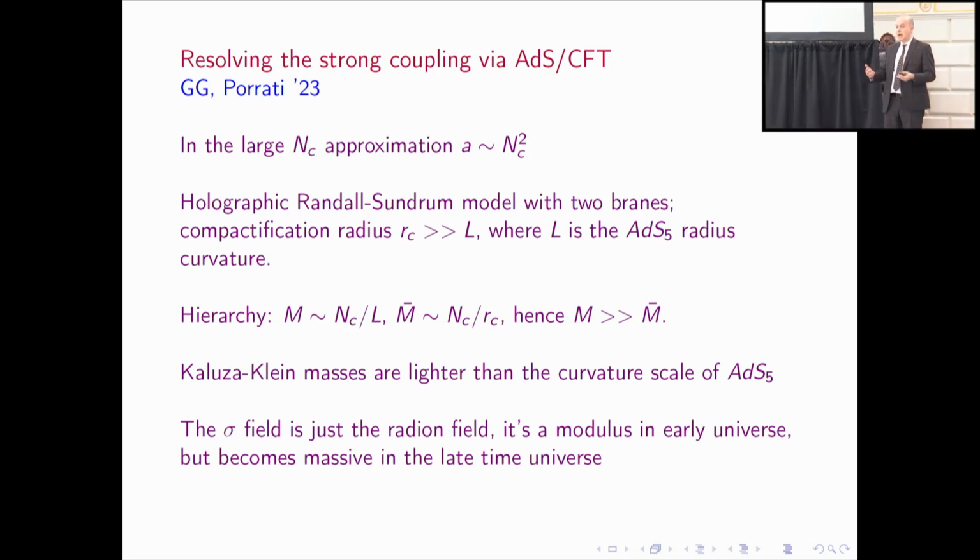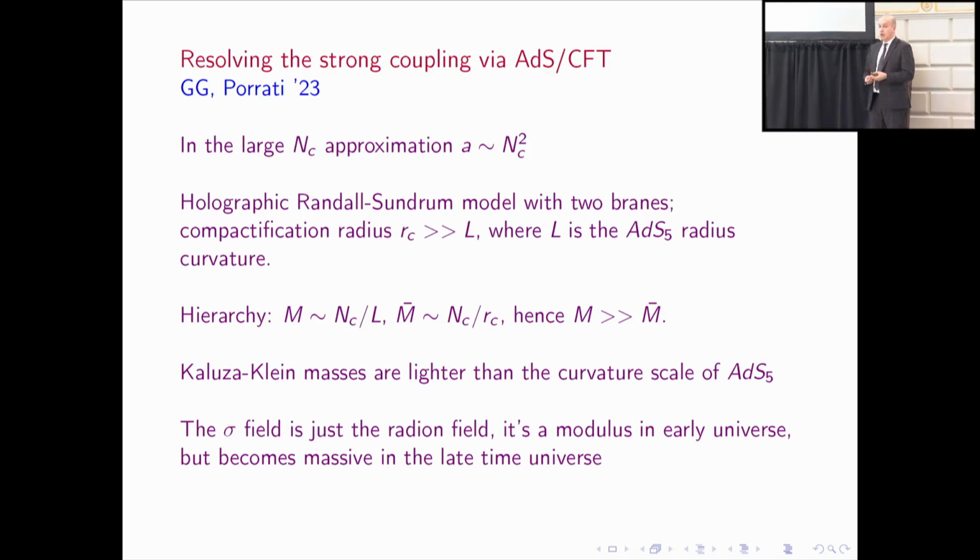And then you get the hierarchy, because the four-dimensional Planck mass will be related to the inverse radius of curvature, 1 over L, times NC. So it's a scale of the curvature times NC, but M bar will be related to NC times that compactification radius precisely. And because RC is much bigger than L, you automatically get that M bar is much smaller than M Planck. So that works very naturally. It's just a derivation of it essentially.